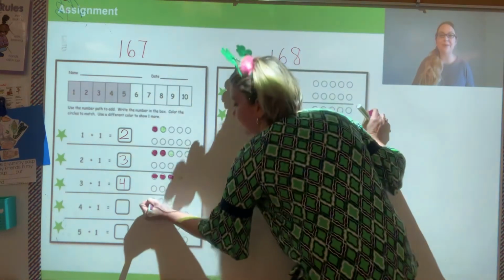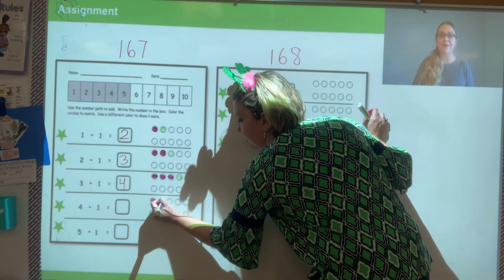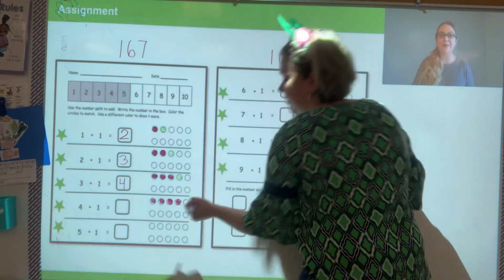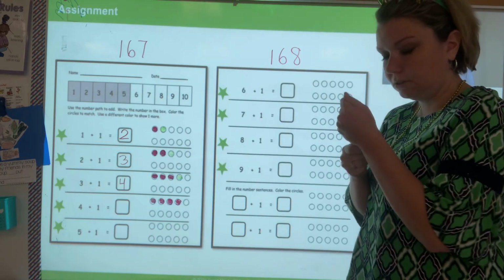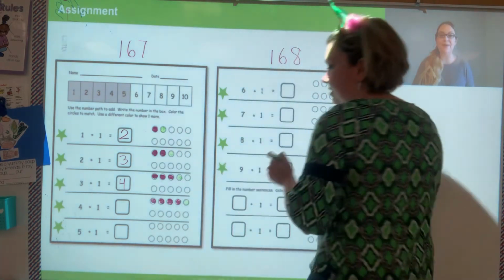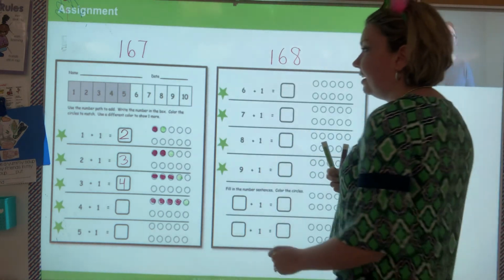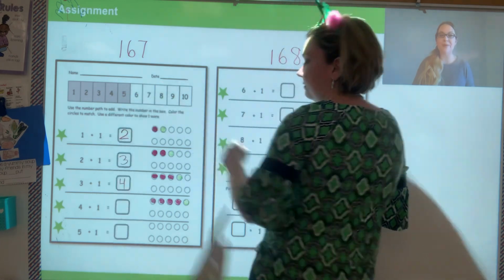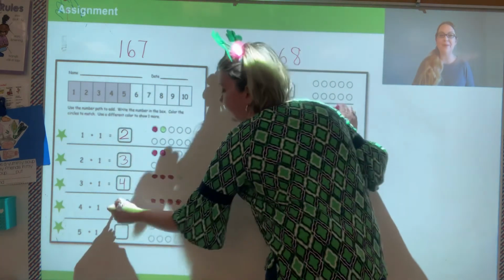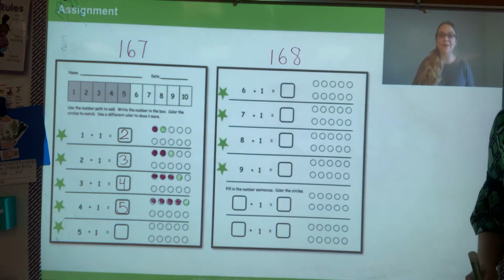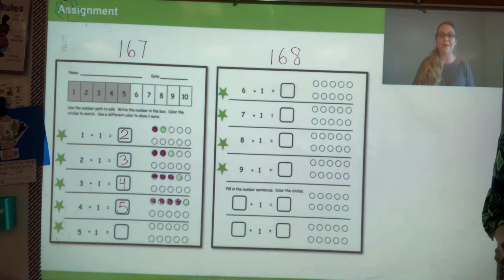I'll color in 4 circles purple, and 1 circle green. If I look on my number pad, I have 4 and 1 more. I land on 5. That's right. Okay. The last one, Landon.